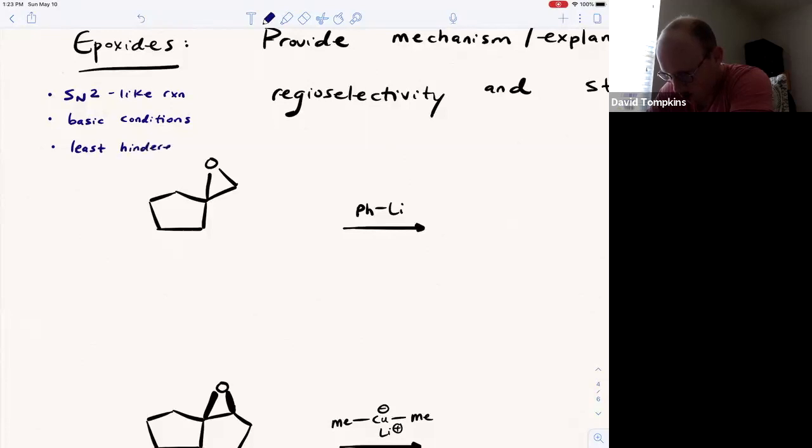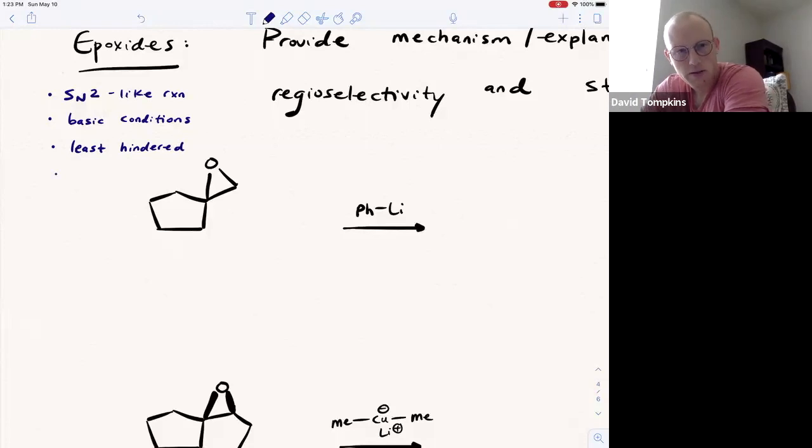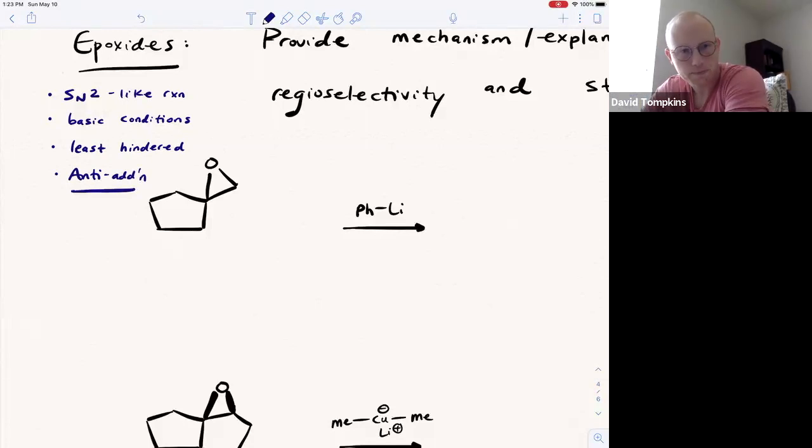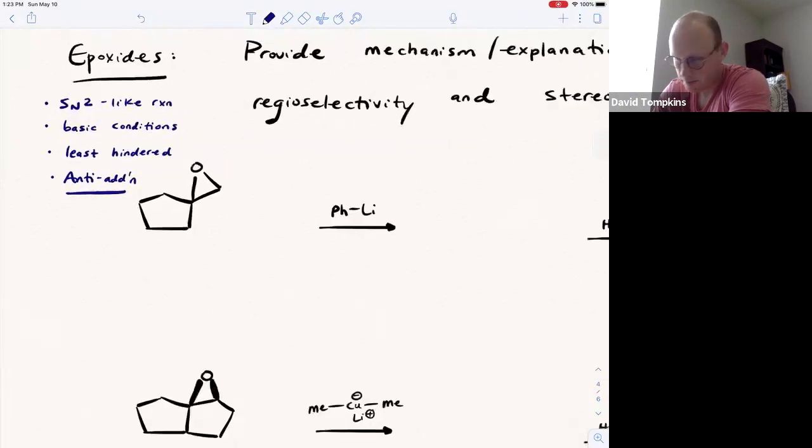And any SN2 attack where you push out or break a sigma bond in a concerted step is going to be an anti-like addition, or it's going to be stereospecific. So we'll see that in these examples that follow.